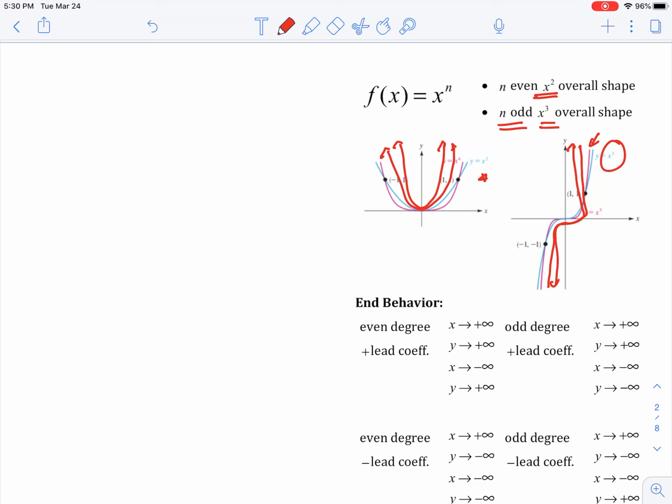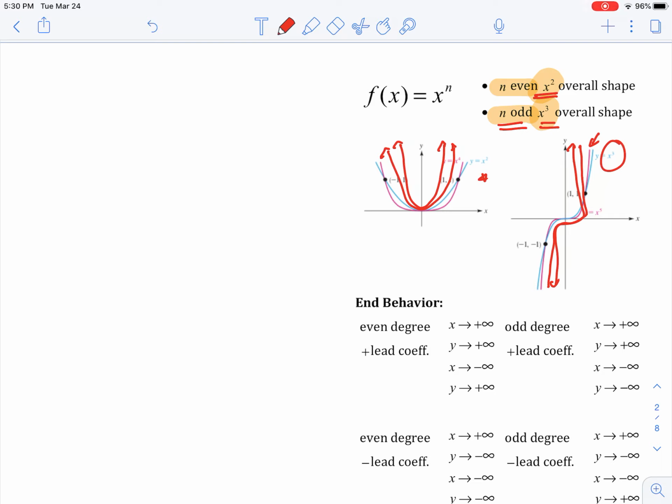The larger that odd value for n, the steeper and narrower the graph, but it is still that basic shape of x cubed. So basically all of your polynomial functions are going to take on a form of either x squared or x cubed, depending on if n is even or n is odd.